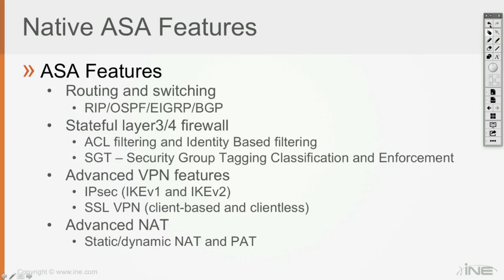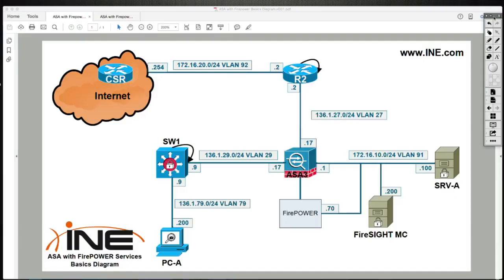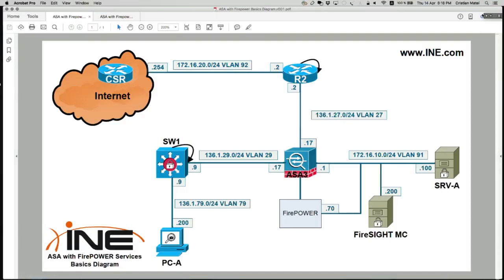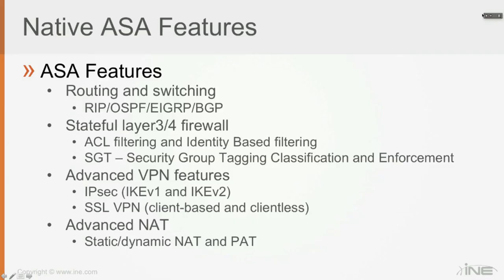Then we have the advanced VPN features, where the ASA is a full-blown capable VPN concentrator, supports IPsec, both IKEv1 and IKEv2. Clearly nowadays IKEv2 for a lot of reasons is way better, and SSL VPN both client-based via the AnyConnect client and clientless via a browser web portal. And likewise AnyConnect supports both SSL client-based and IKEv2 IPsec client-based.